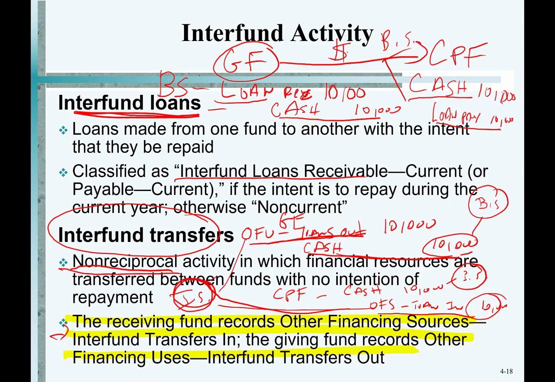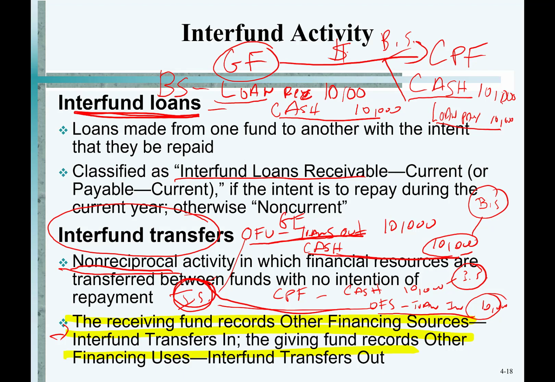Capital project fund asks its buddy, the general fund, for some money. So what do we do? We go ahead and we debit other financing uses. We credit cash, don't we? Right? Okay. So what happens? When we credit cash, is the cash zero over here?